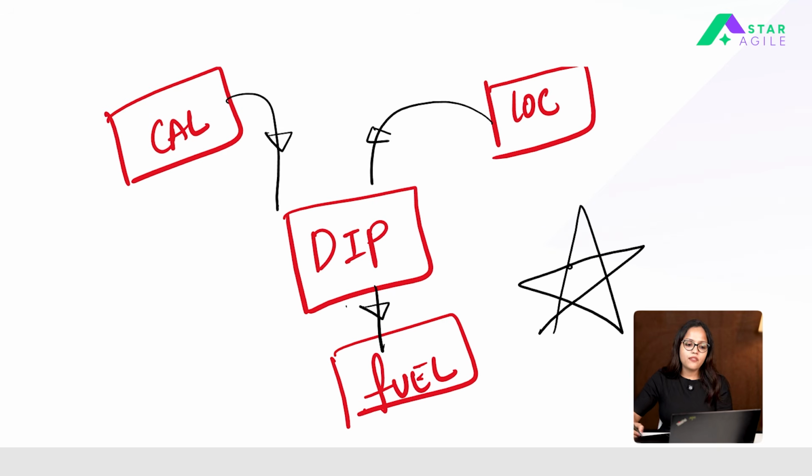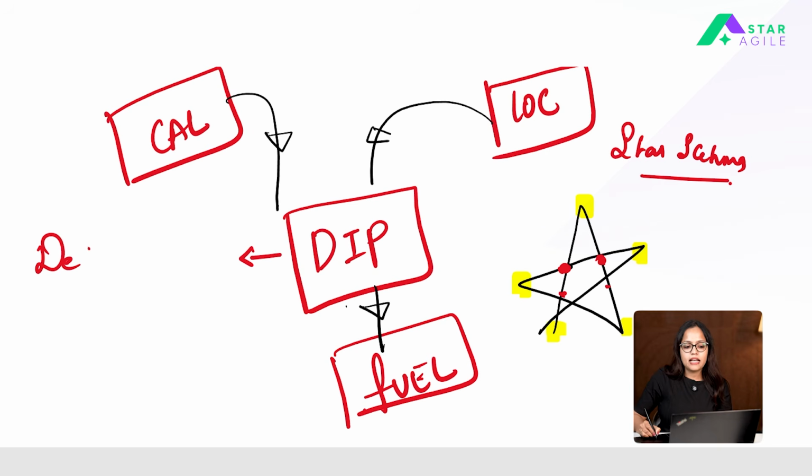You have the fact table in the middle, followed by the dimension tables at the outer edge, everything interconnected to each other. This kind of schema is called a star schema, where your dimension tables are denormalized. So what do you mean by denormalized?